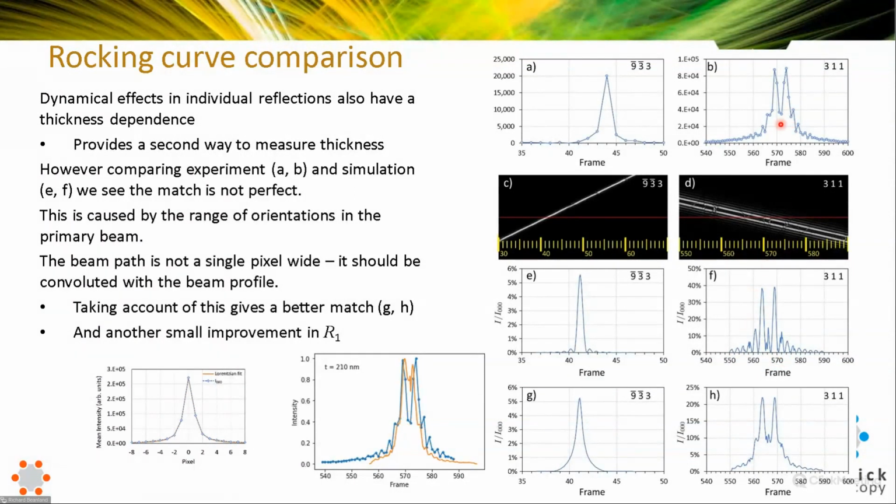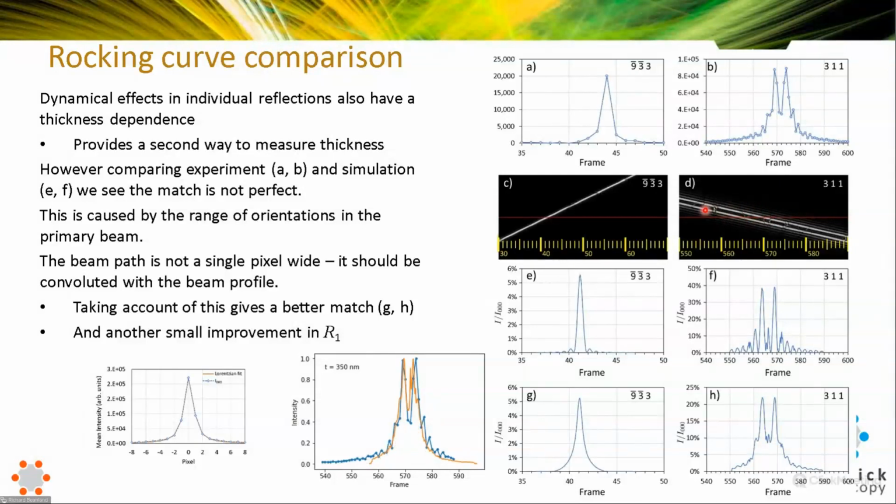And the reason is because our incident beam orientation is not completely parallel, right? It's a Lorentzian. We showed it had a Lorentzian profile. So that means you're actually sampling intensity off this red line, maybe not so much, but a little bit.